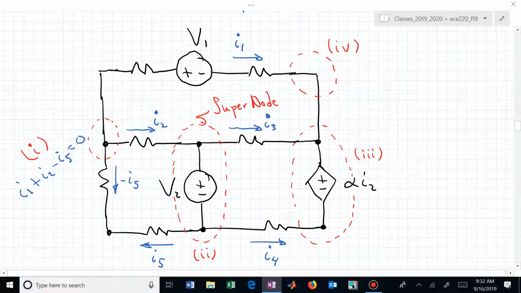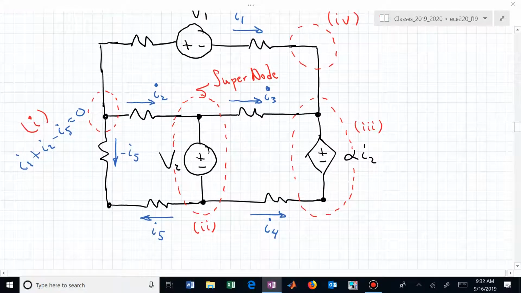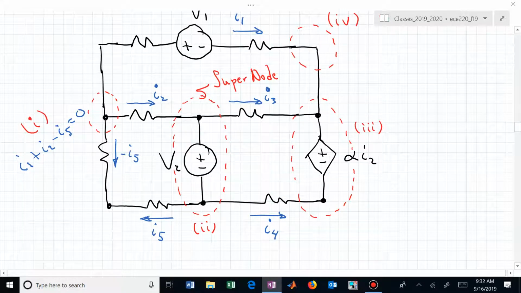What about node 2? That's at the bottom, and this is actually a supernode because it's a voltage source that's connecting two essential nodes. What's the KCL equation at 2? Starting with the lowest subscript current, I see an I sub 2.